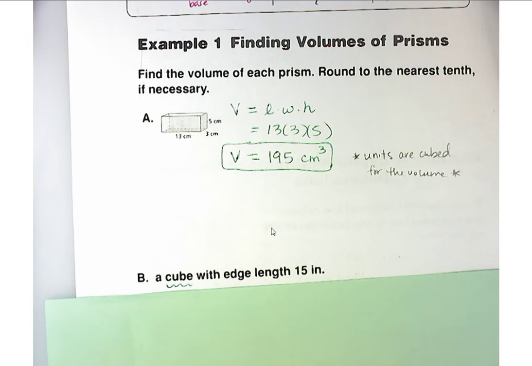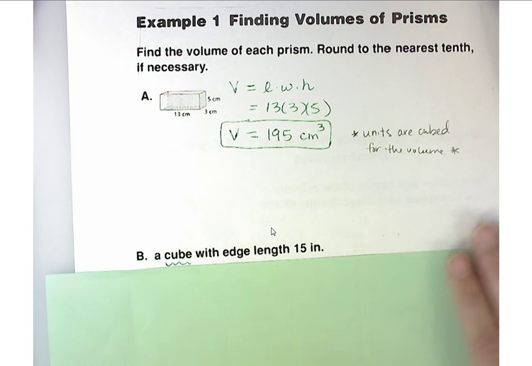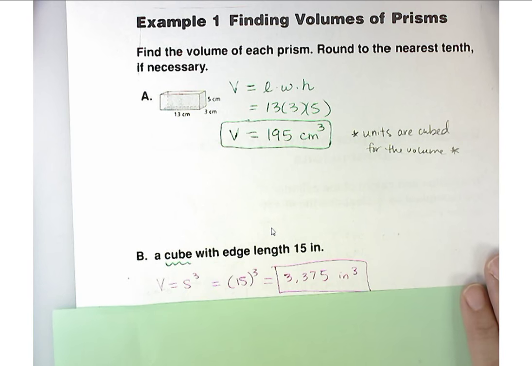All right, and then for B it's a cube with an edge length of 15. Okay, so Hope, how can I calculate that? Yeah, okay, so I can just cube 15. Okay, which is the same thing as 15 times 15 times 15.